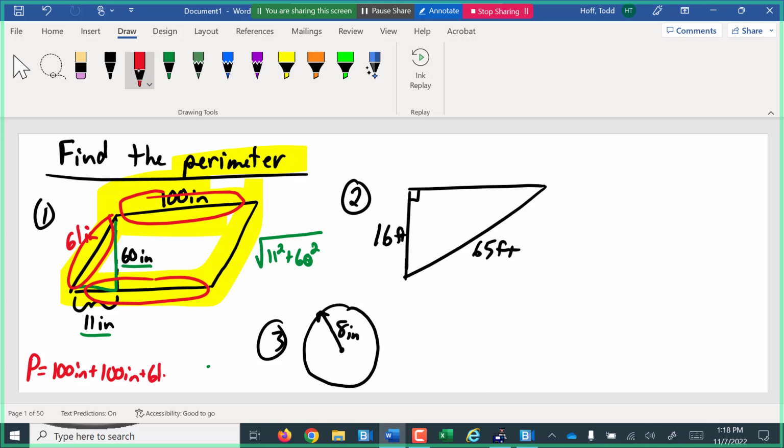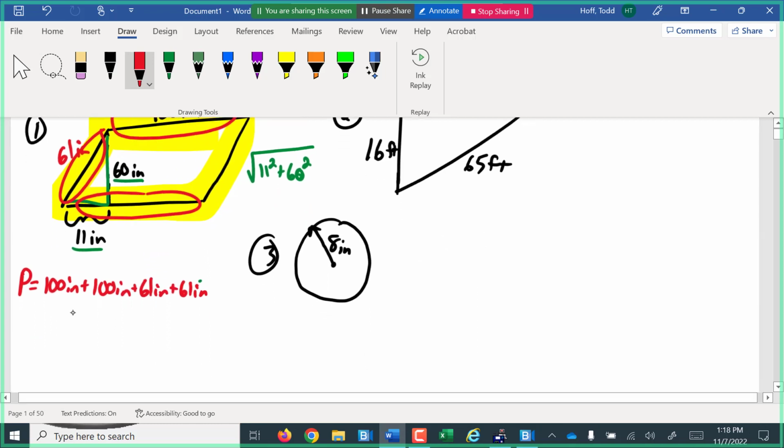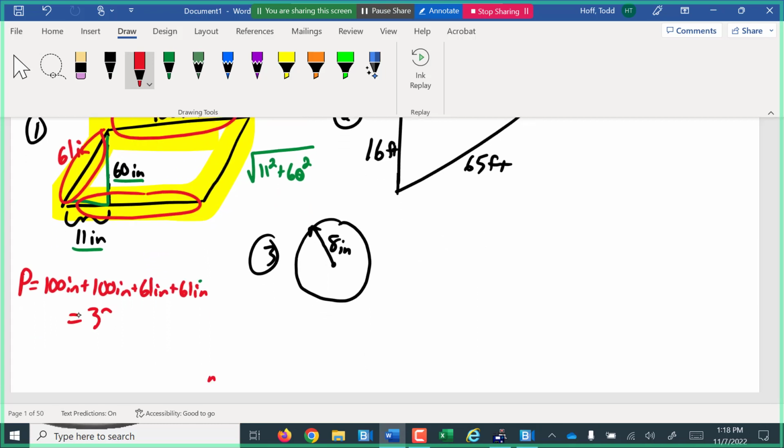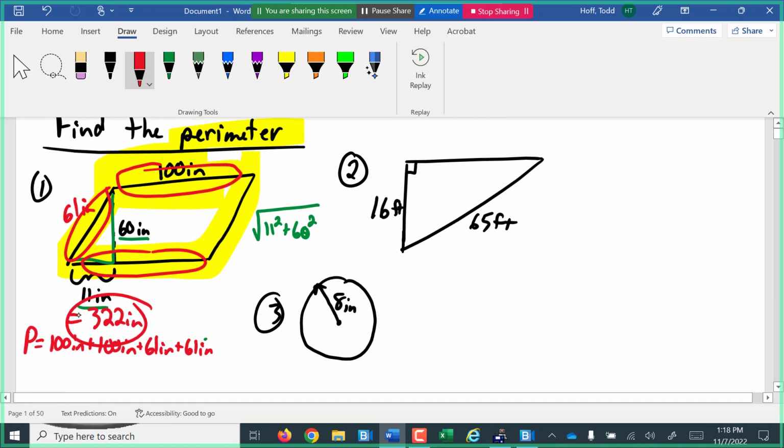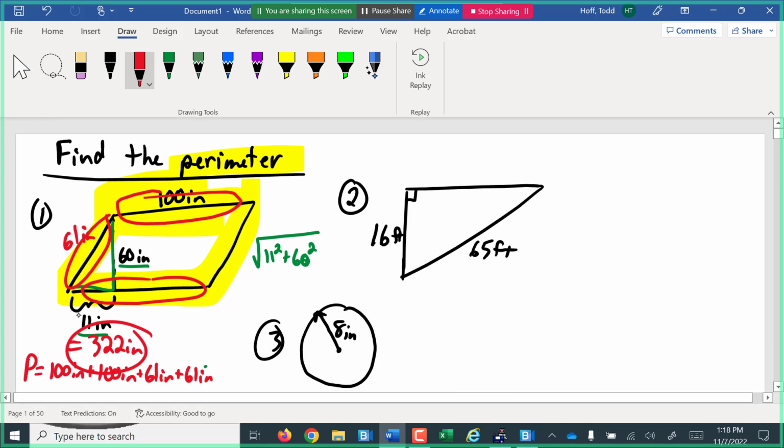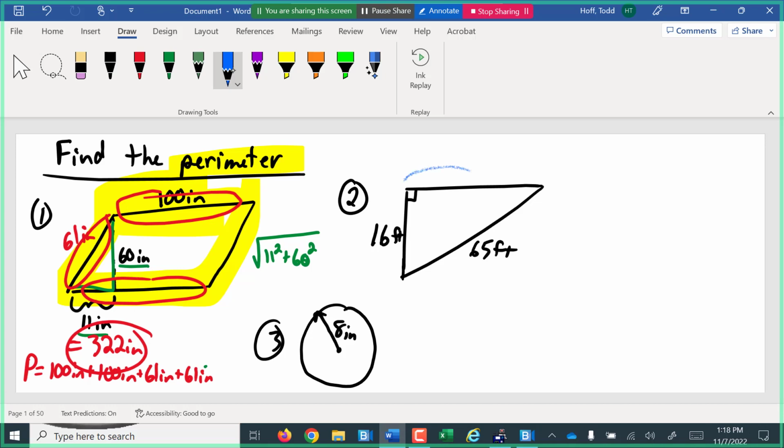We add 61 inches and another 61 inches here, giving us a total of 322 inches as the perimeter for number one. How many of you had 322 for number one? Perfect.